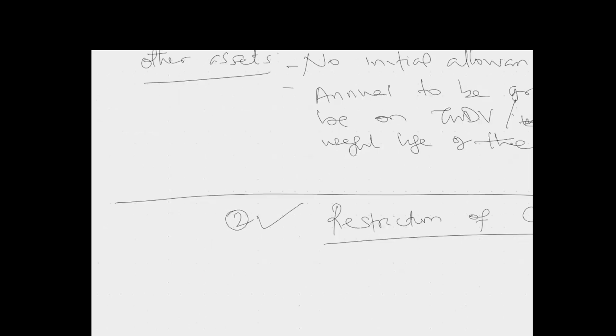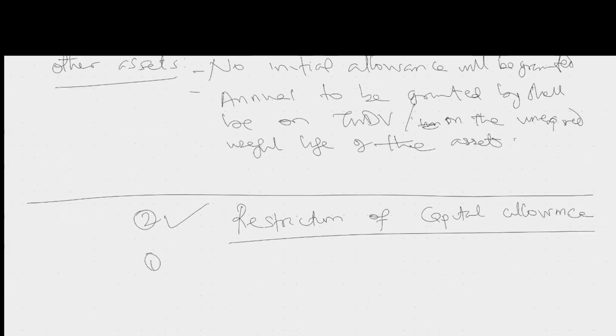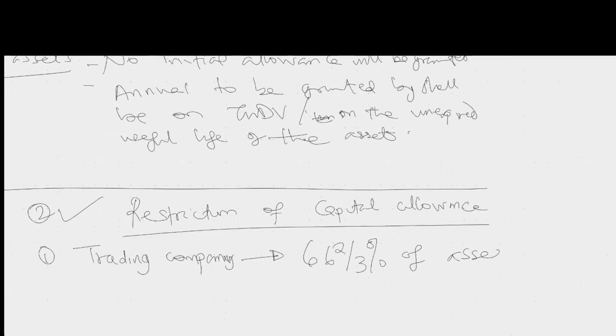Number 1 restriction is that if a company is a trading company, the capital allowance of this trading company shall be restricted to 66 2/3% of assessable profit. What are trading companies?